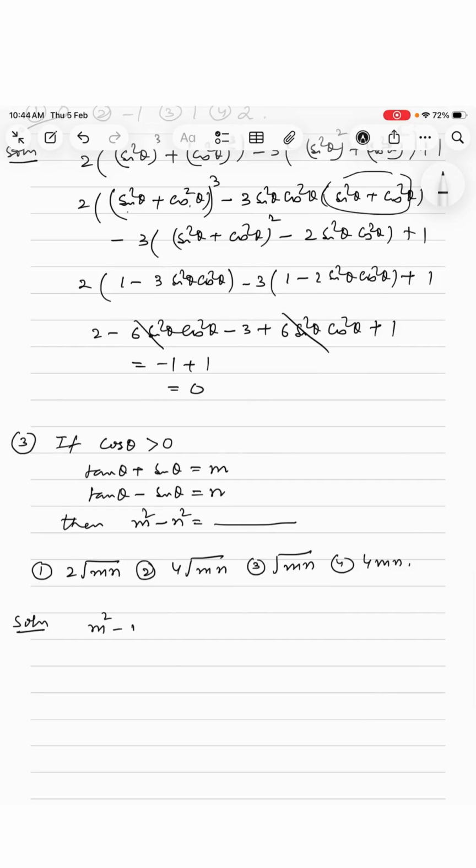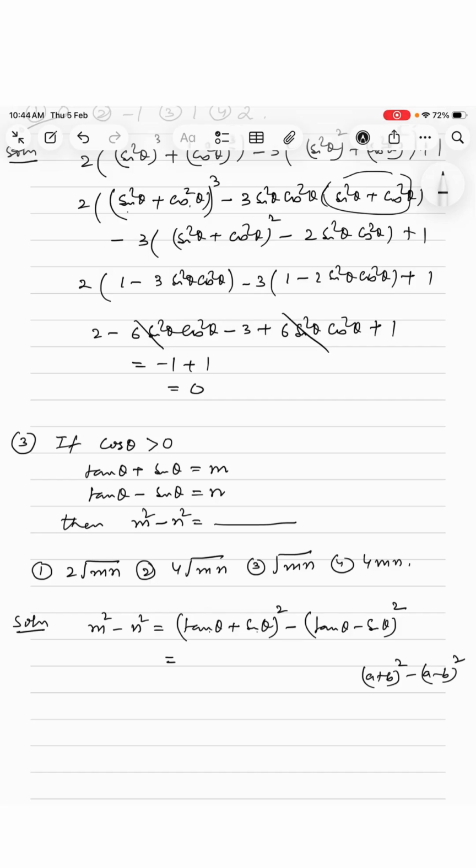So let us consider m square minus n square. What is m square minus n square? (Tan theta plus sin theta) whole square minus (tan theta minus sin theta) whole square. Now remember, it is in the form of (a plus b) whole square minus (a minus b) whole square.